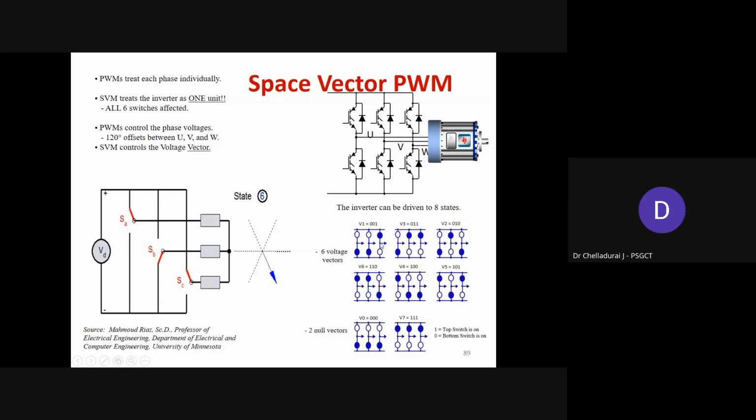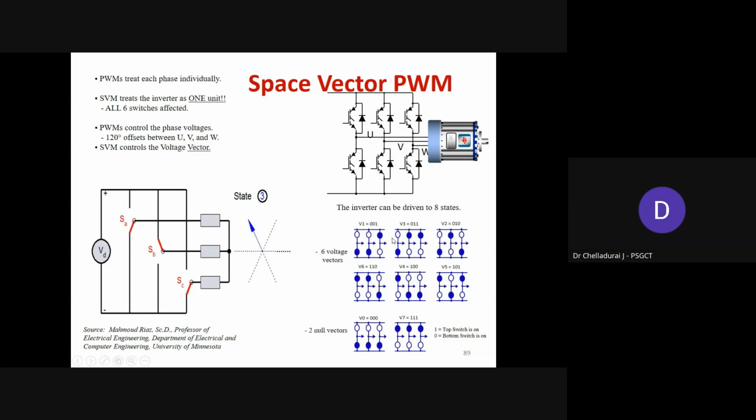For example, here in the first leg, the upper switch is turned on. 0 means the bottom switch on condition, and 1 means the upper switch on condition. So 0, 0, 1 means the first leg bottom switch on, second leg bottom switch on, third leg upper switch on.